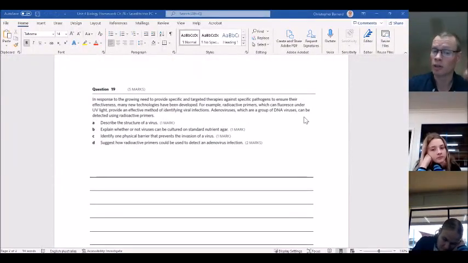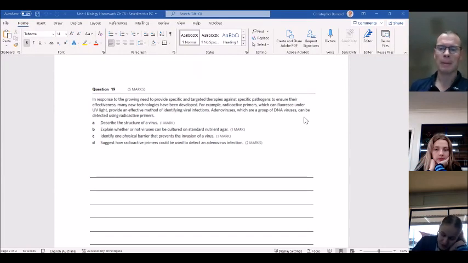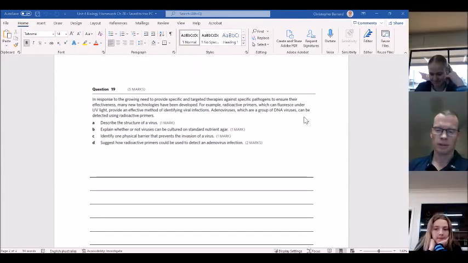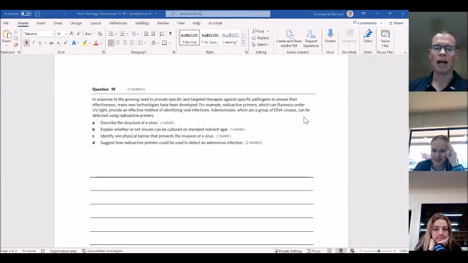And it actually kind of gives that away here. Adenoviruses are a group of DNA viruses. So it means that the genetic material for your adenovirus is DNA. Is it just naked DNA floating around? No. So what is it? It's coated in, I can't remember what it's called. Yeah, but just in general, what's it made out of? Even if you can't remember the name, capsid, what's it made out of?